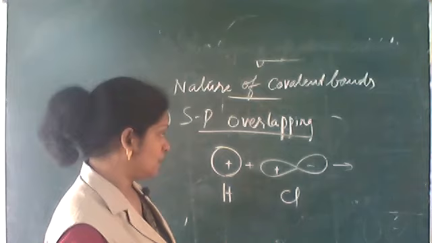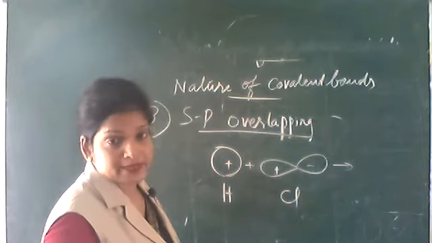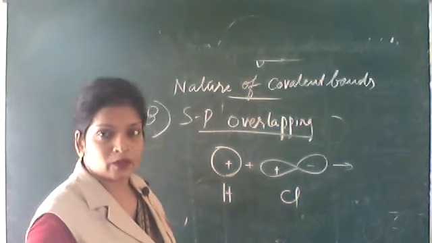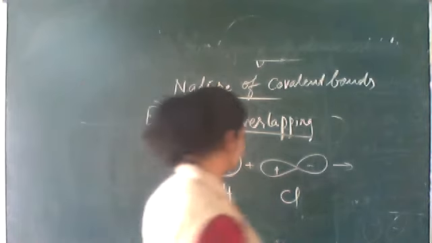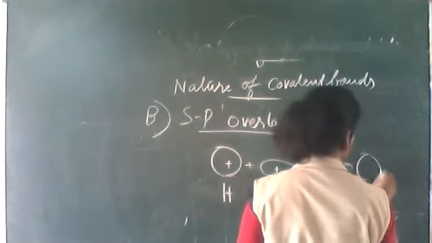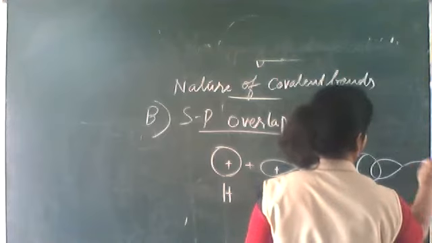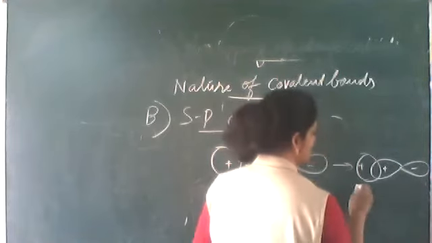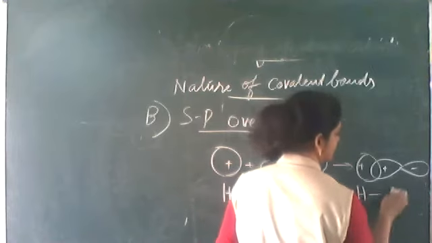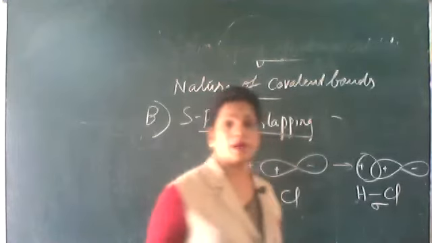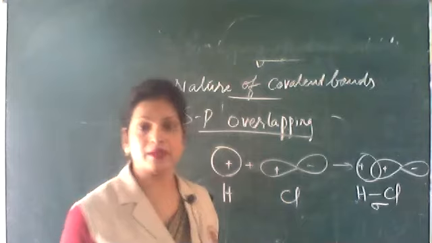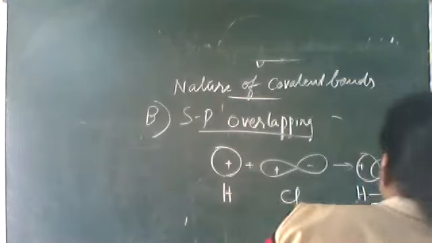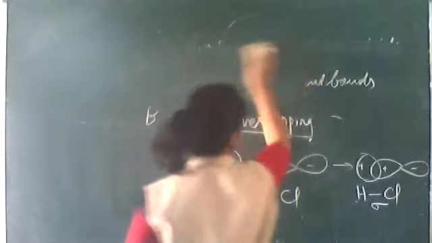So 3px or 3pz, taking z as the axis along the internuclear axis. So here we get positive, positive, negative, and between H and Cl a sigma bond is formed. That is s-p overlapping. Next, p-p overlapping.